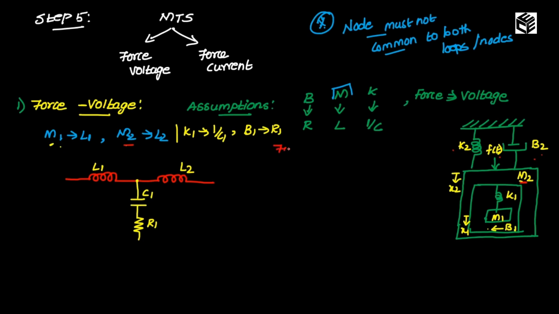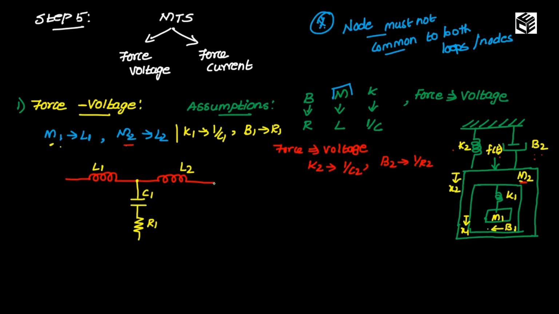So force is replaced with voltage, and K2 is replaced as 1 by C2 and B2 is replaced as R2. Understood? So I'm going to draw all these three in series dedicatedly to the node M2.